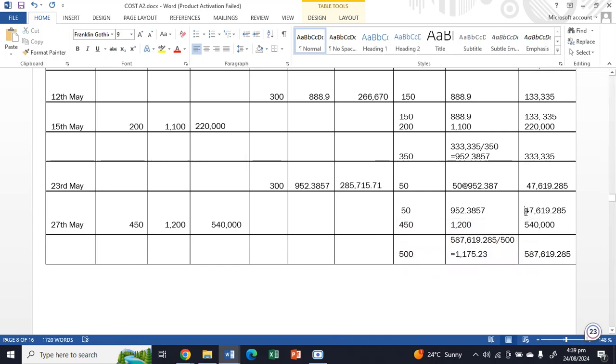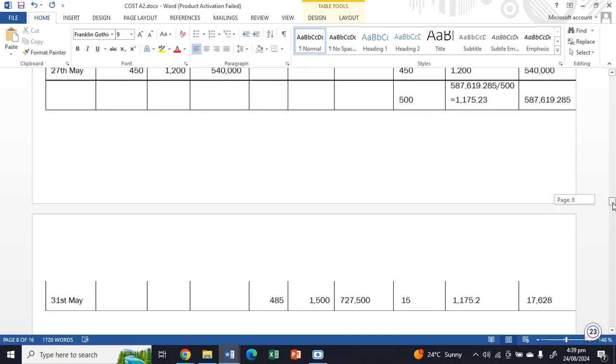And we get the total cost of the goods. When you add this, 47,619.285 plus 540,000, you get 587,619.285. Average cost of the goods, you divide this amount by 500, you get 1,175.23. That is the average cost.